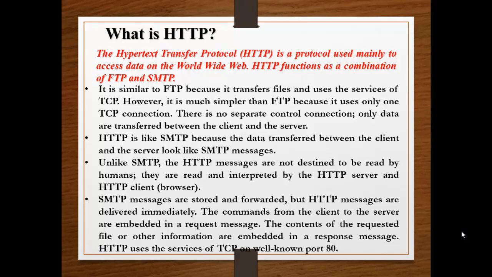But unlike SMTP, HTTP messages are not destined to be read by humans. They are read and interpreted by the HTTP server and the client. SMTP is a mail transfer protocol, and finally the mail will be read by the user. But the HTTP messages transmitted between two systems will not be available to the user, whereas the user will be viewing the web pages stored in the World Wide Web.